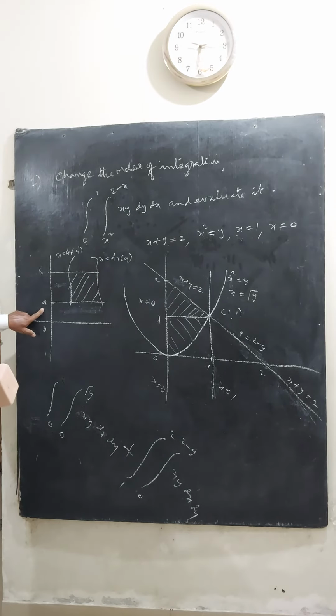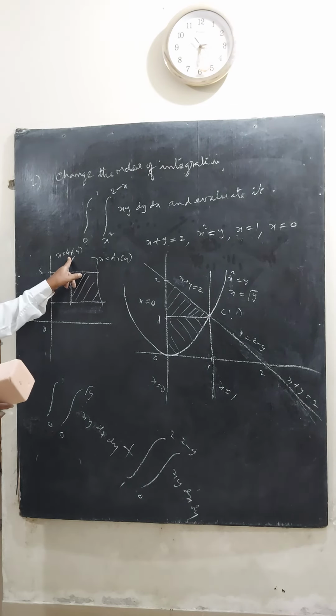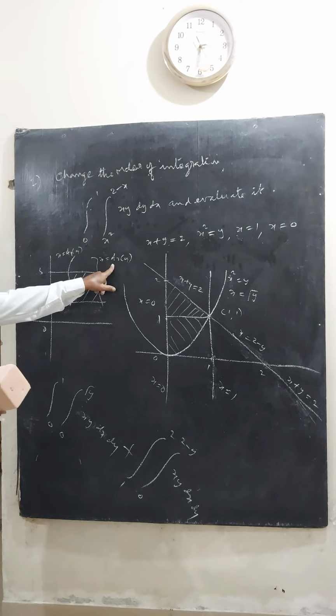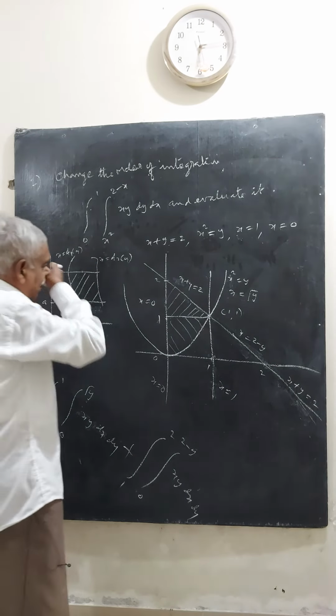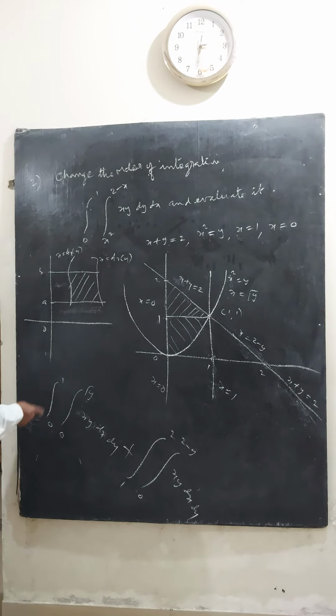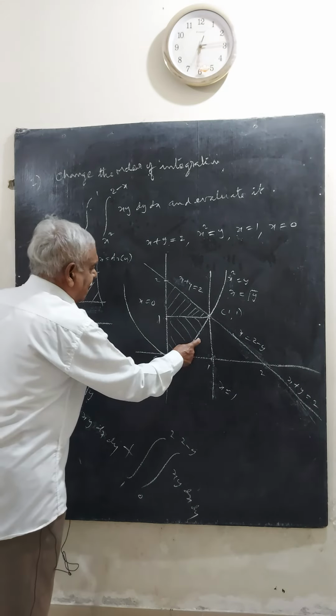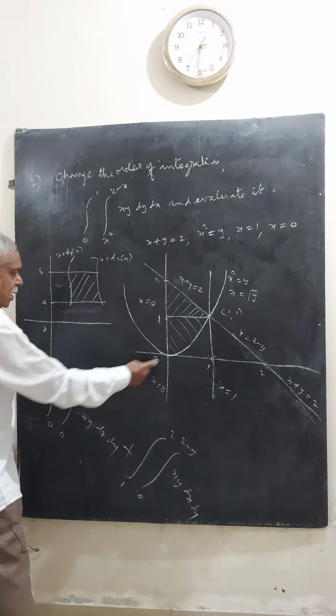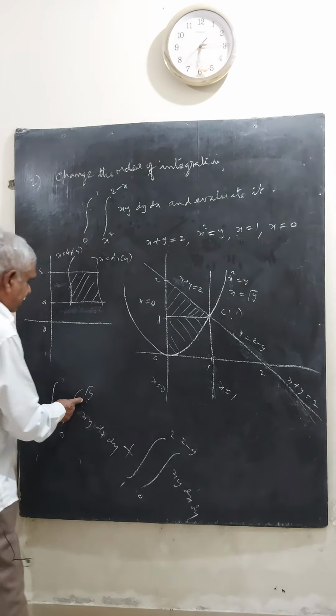If you take limits on the y-axis a to b, the curve x is left to right, x is a function of y. Similarly, y-axis limit 0 to 1, x is left to right: x equal to 0 curve, right x equal to root of y.